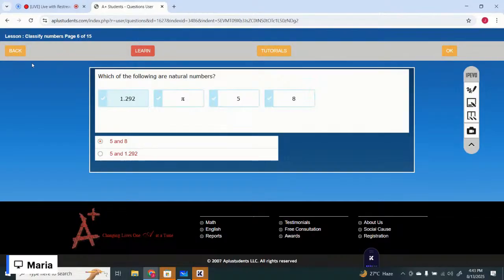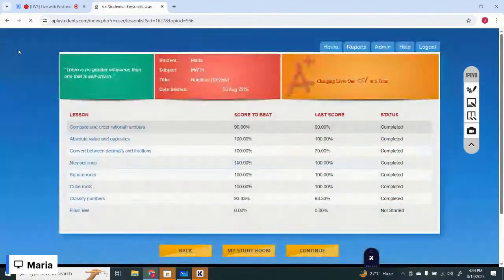Okay, you can complete the lesson by yourself today. So we were working on grade 9 math. The chapter we are working on is numbers.